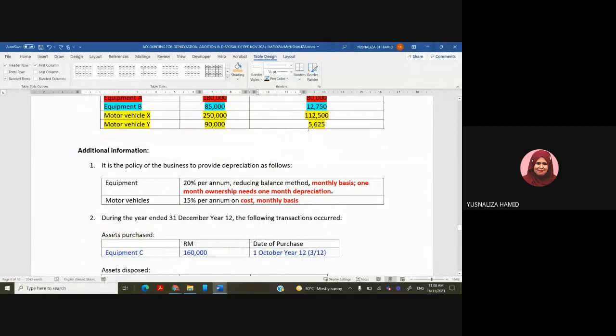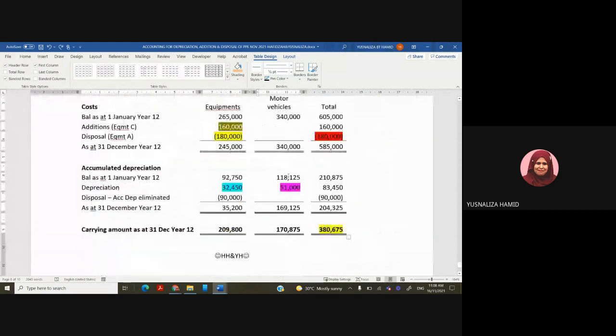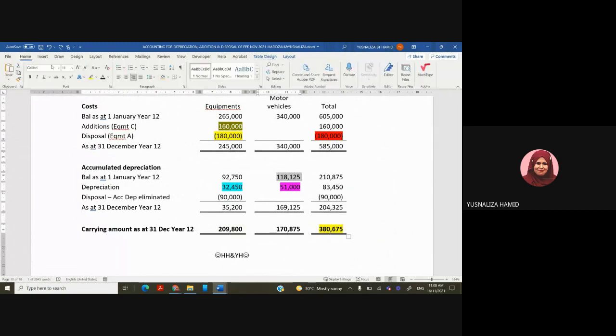So that will give you the figure here, right? This one is from the one earlier.